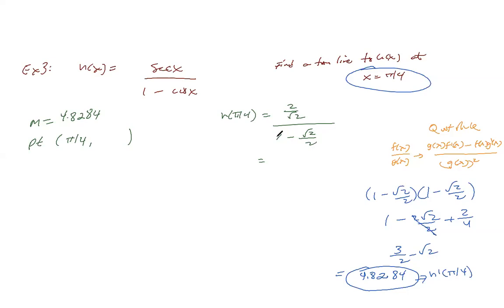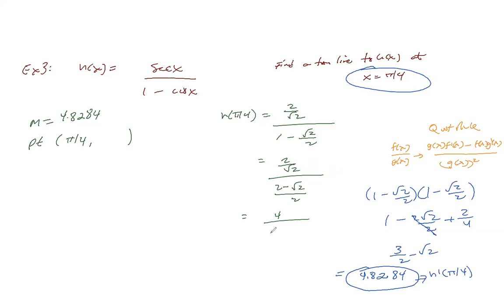Let's do just a little bit of simplification. 2 over root 2. On the bottom, if I put a 2 here, that's going to be 2 minus root 2 over 2. Let's see, did that help at all? I don't think it did. Let's flip and multiply.